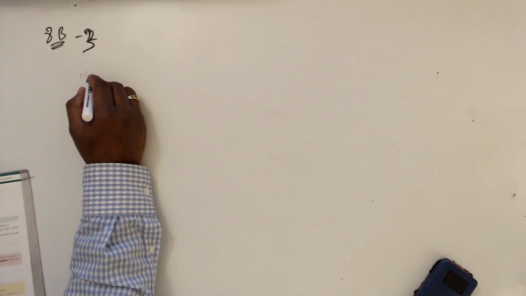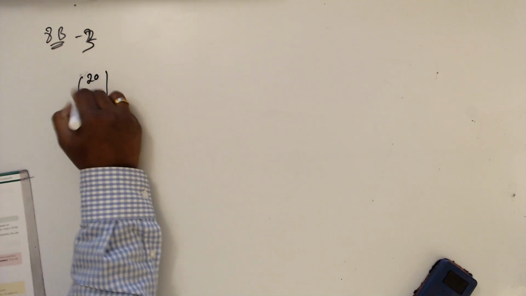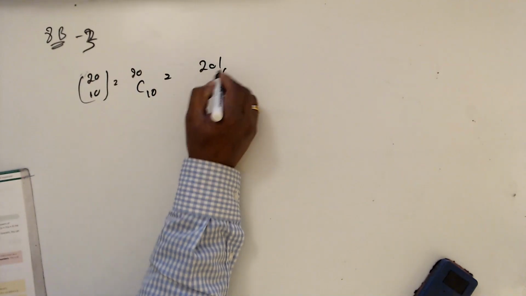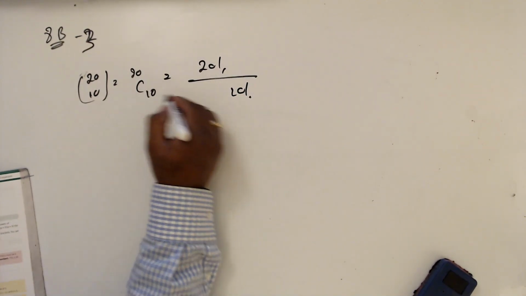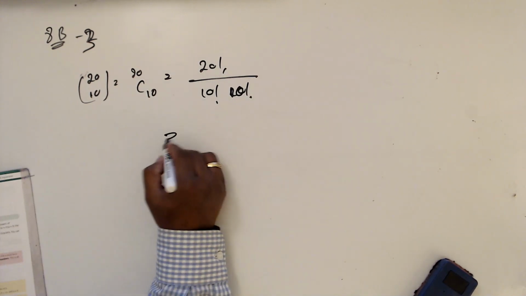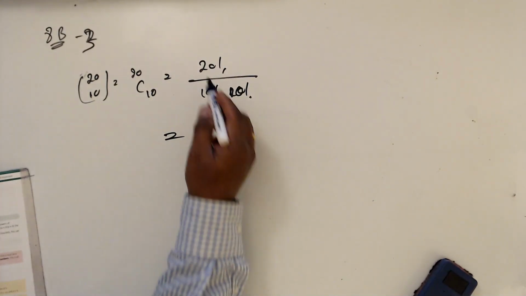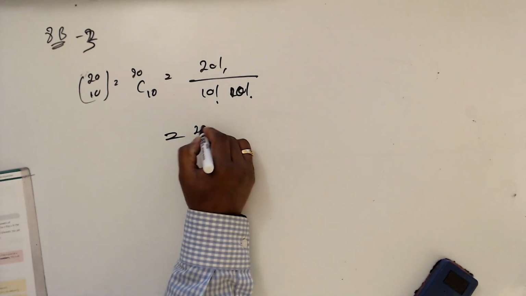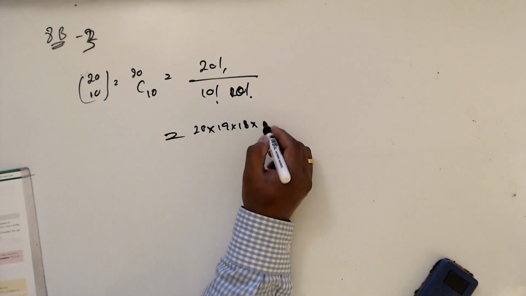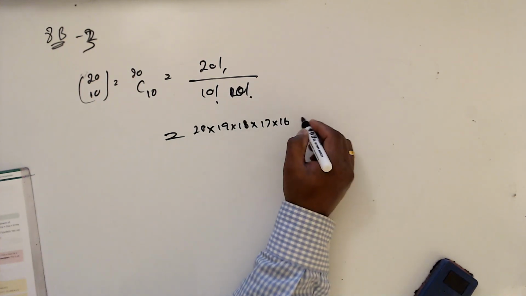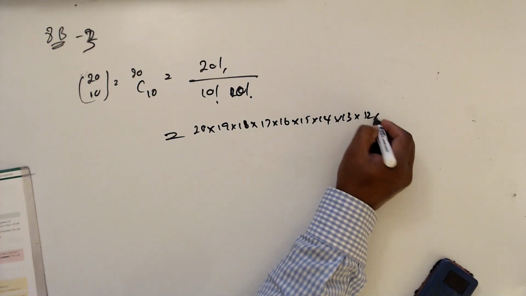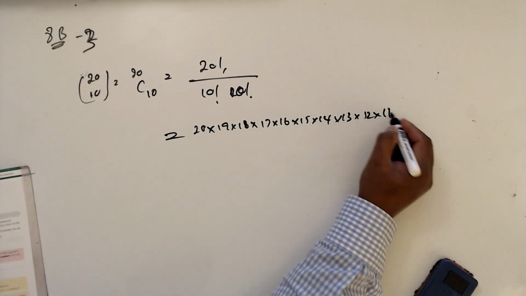This is 20C10, 20 and 10, and 20 minus 10 also 10. Then 20, 19, 18, 17, 16, 15, 14, 13, 12, 11.